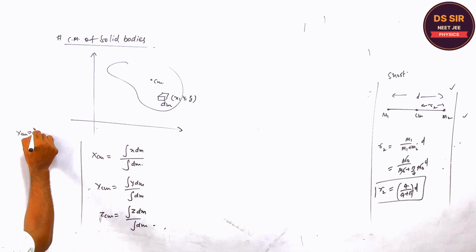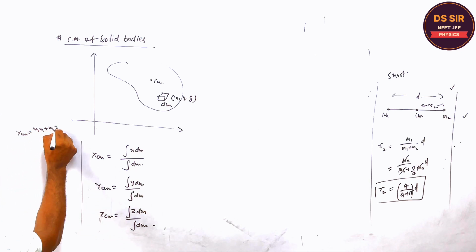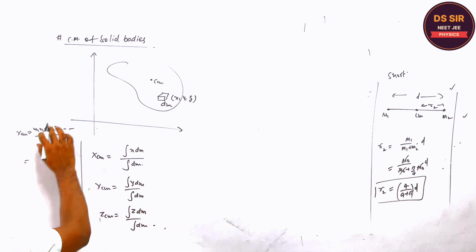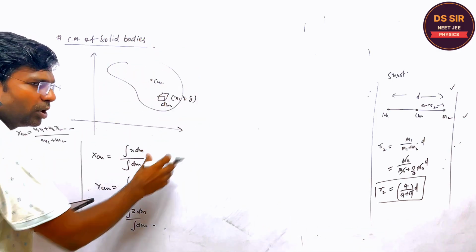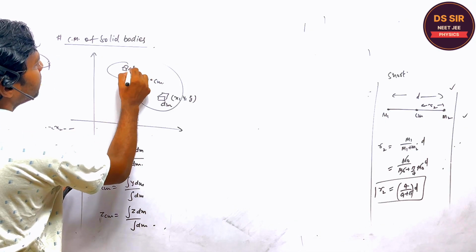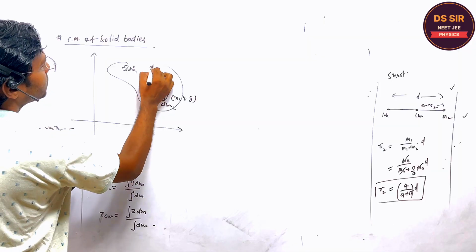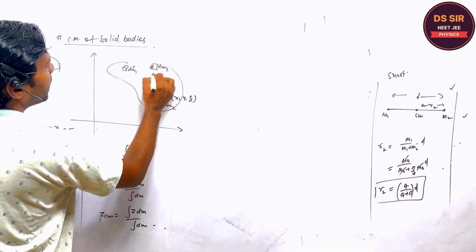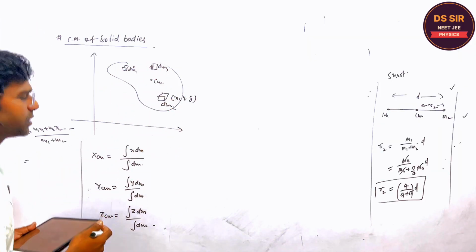x_cm is what? m1 x1 plus m2 x2 divided by m1 plus m2. These are the point masses, and this solid body can be considered as made of very small masses: this is dm1, this is dm2, this is dm3, and the coordinates are x1, x2, x3.